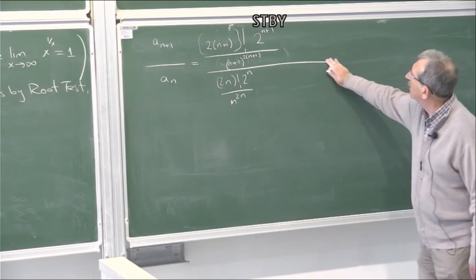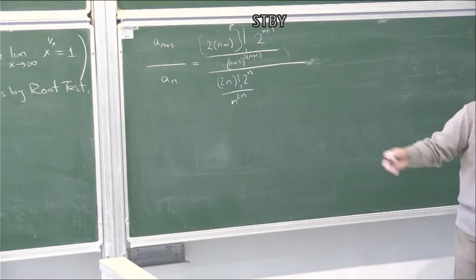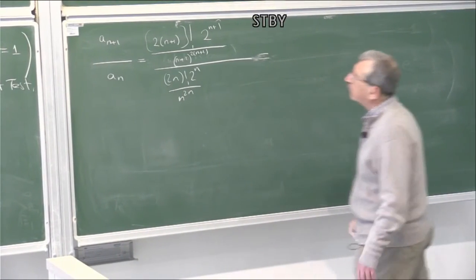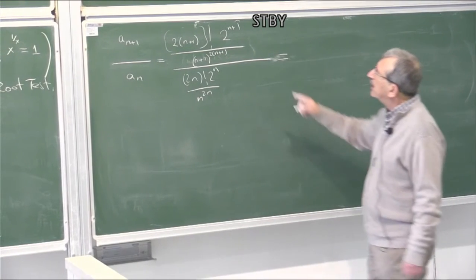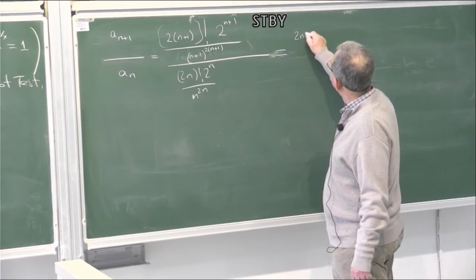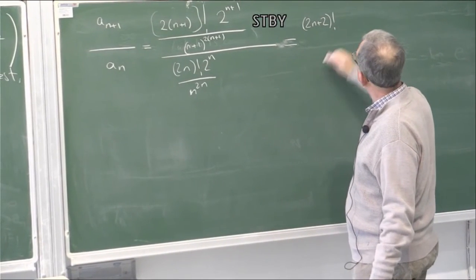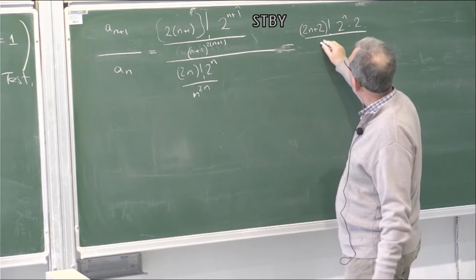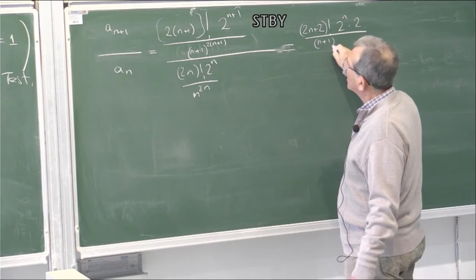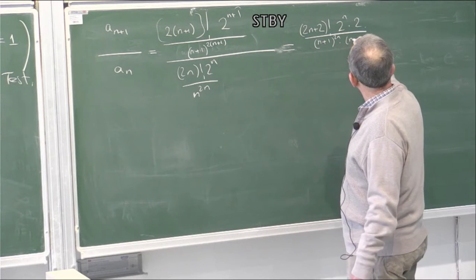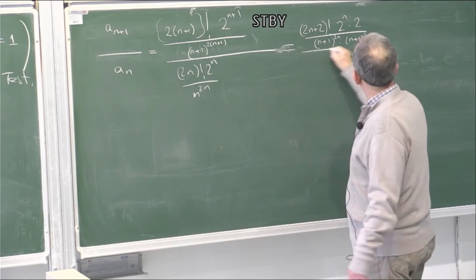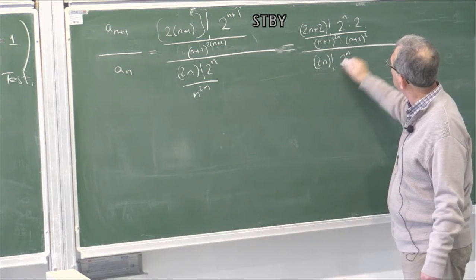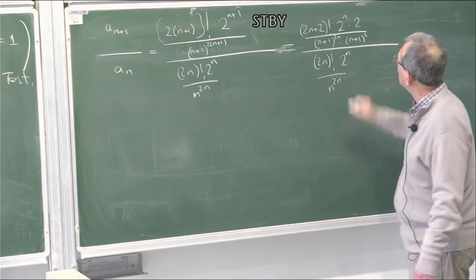Now, the idea here is to simplify things as much as possible. Well, this, of course, is quite direct. Note that here we have (2n+2)! 2^n times 2, divided by (n+1)^(2n), and then n^(2n) divided by (2n)! 2^n.